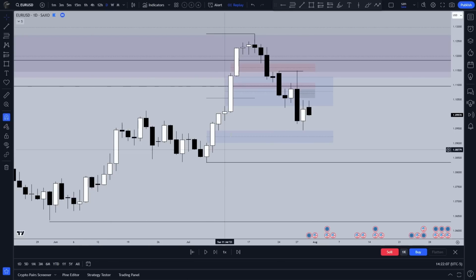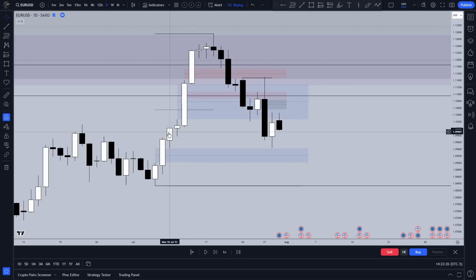So if we are still in a weekly bullish order flow, this is the last chance to kind of form a higher low, right? So I'm not expecting price to trade right through this level here. So if we tag that fair value gap, I'm expecting price to range now between those two PD arrays, right? So we have the bullish PD array here, and we have the bearish PD arrays right above.